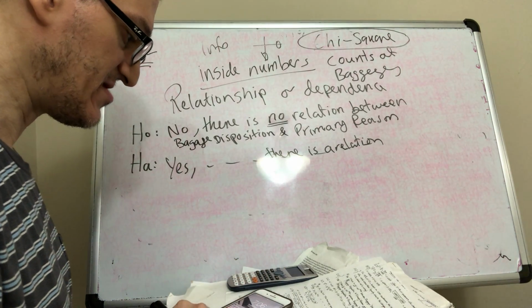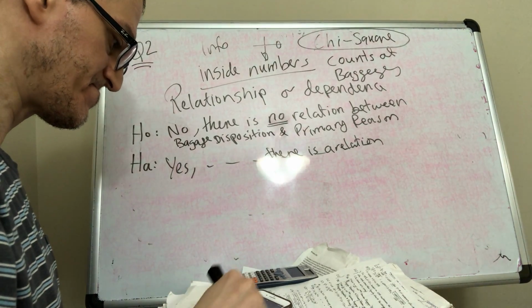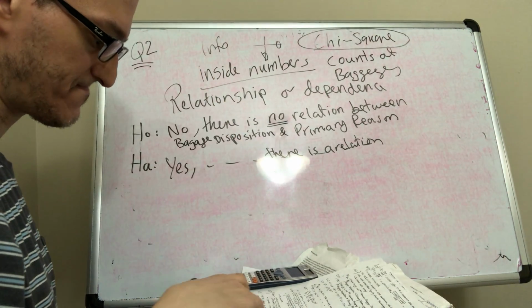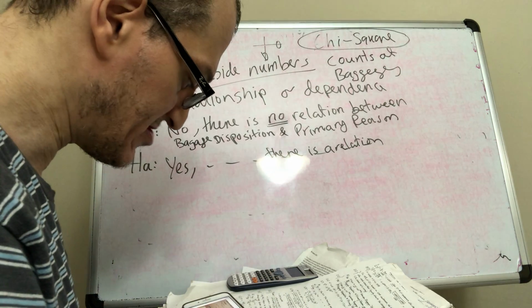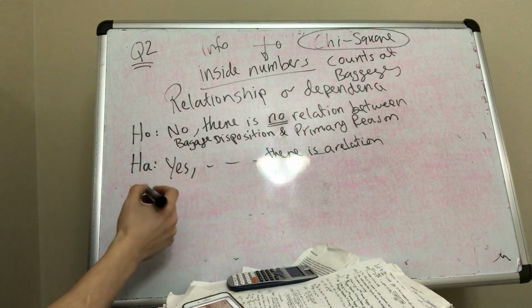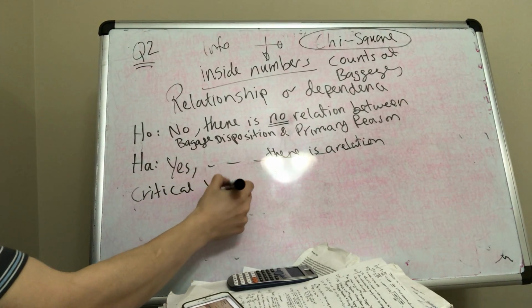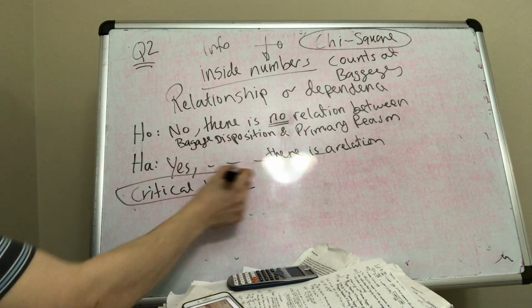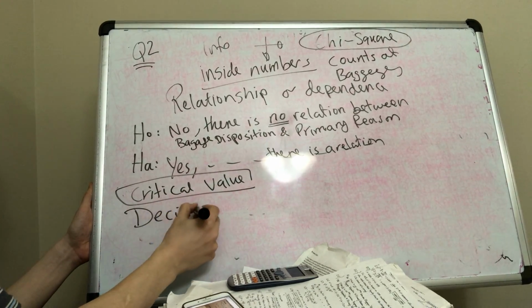Now, in the next part, what's the critical value? So we need to do the critical value, which is basically the decision rule.